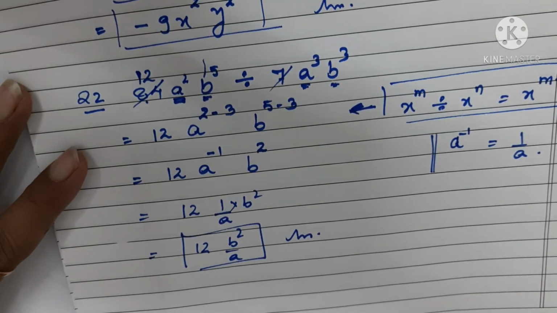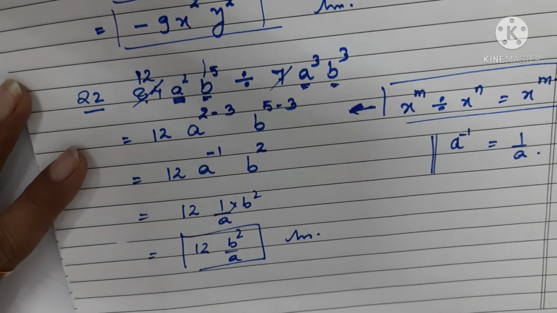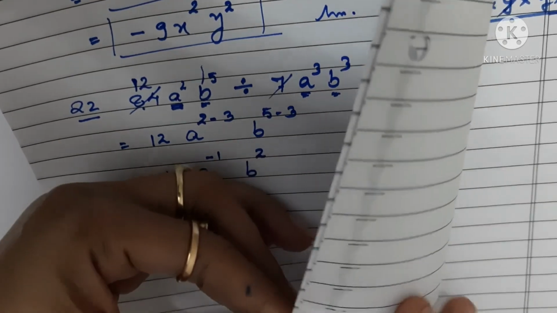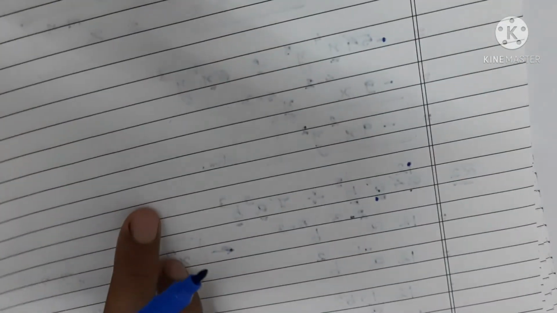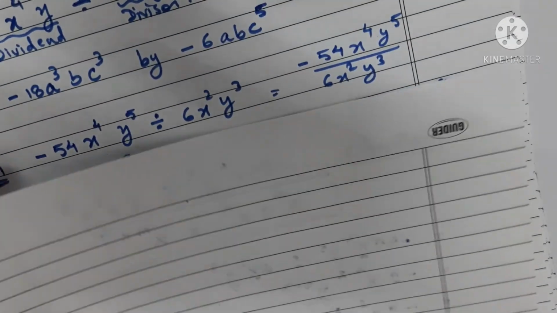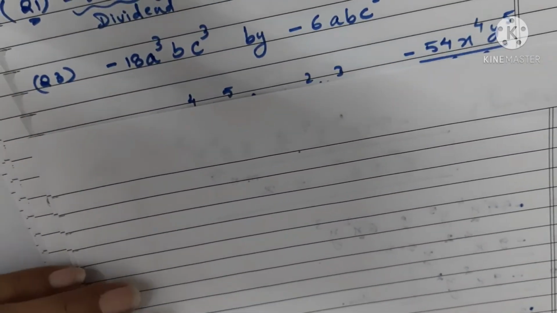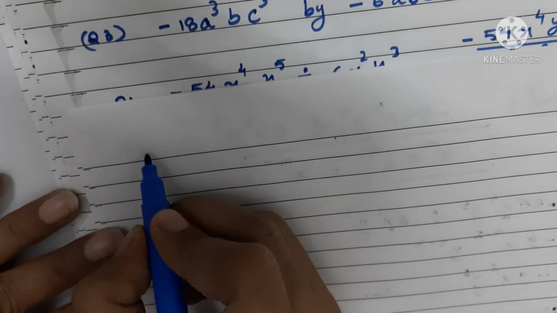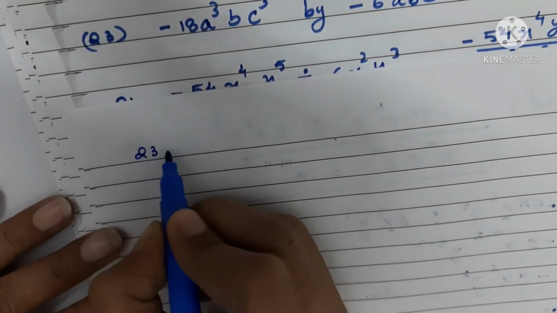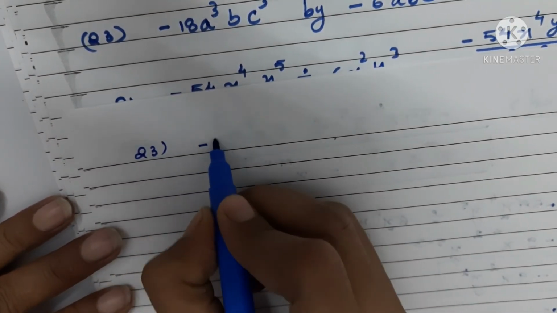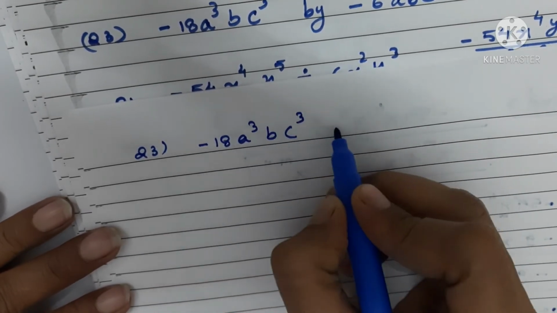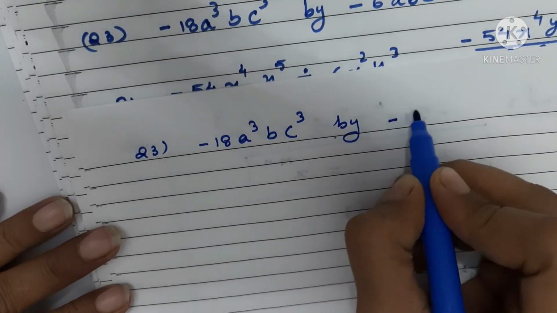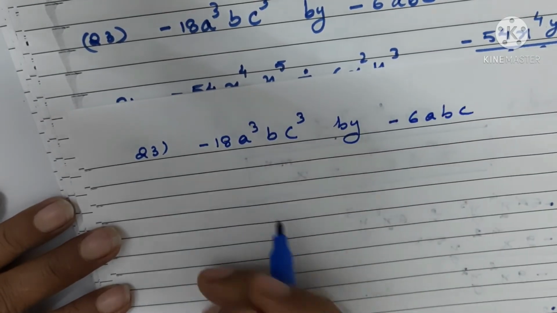Now let us try to do the next, that is the third question which we have taken in this session. Let me write the third question. The third question is minus 18 a cube b c cube is to be divided by minus 6 a b c.